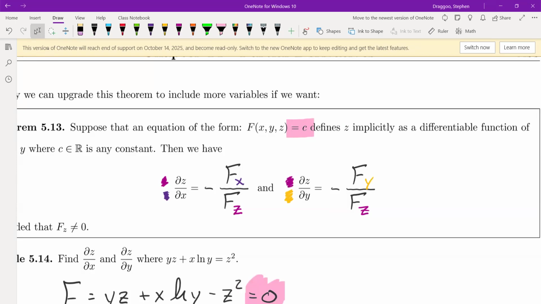For a slope of one of these functions, we would probably expect to see change in Z over change in X, since Z is our new function variable. When we think about slopes, we expect to see our Z change on top and our X change on bottom, but we get the opposite reciprocal of that.